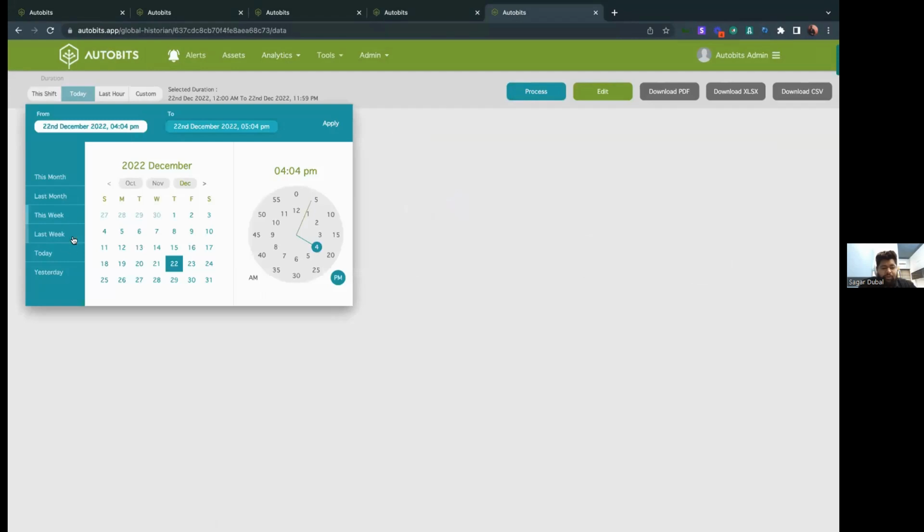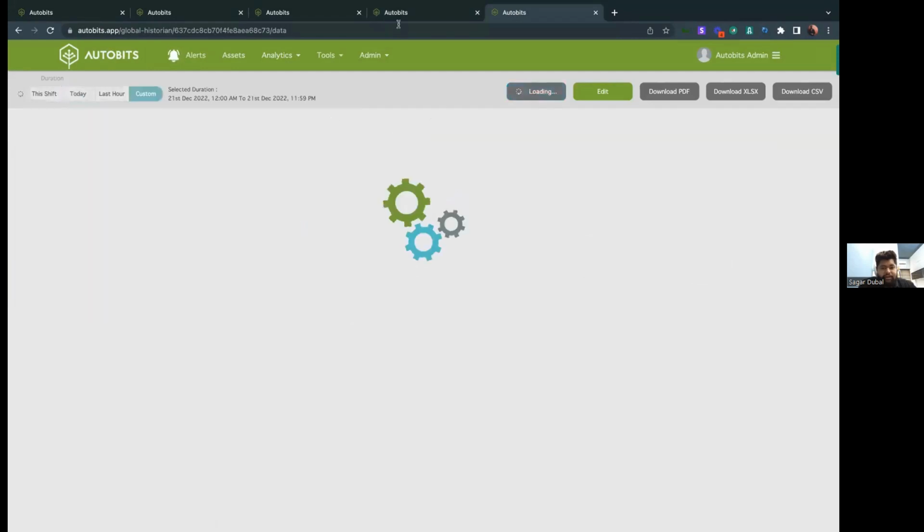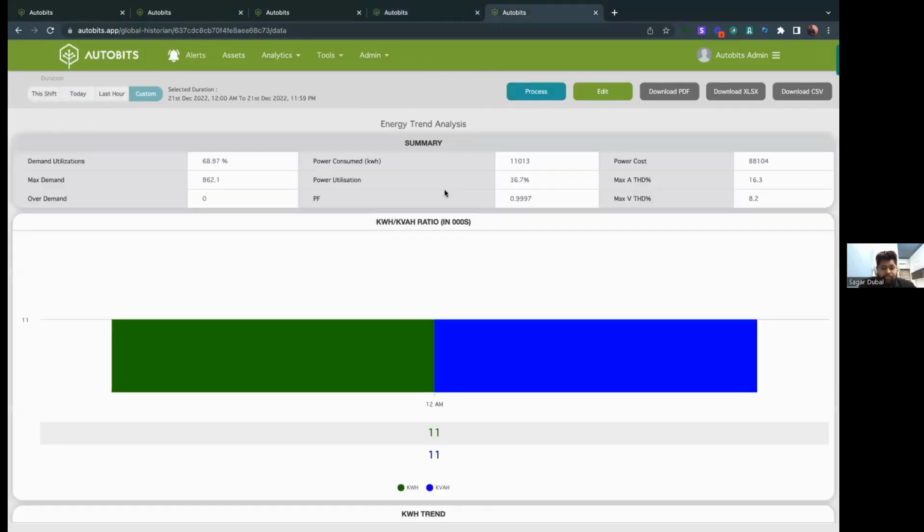We acquire 125 data points per second. So we can see the energy utilization. This is the trend analysis, which is just a second.